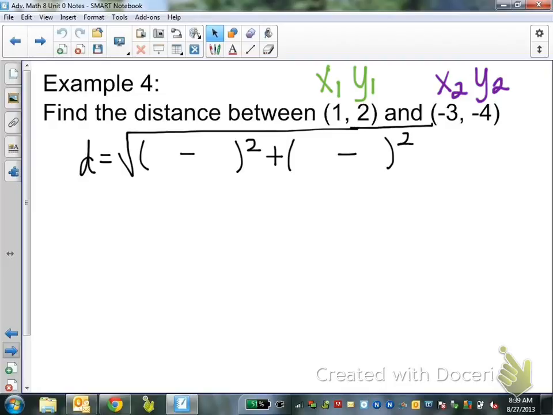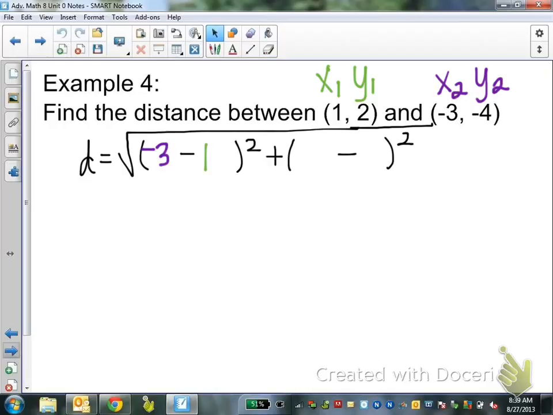Okay, what did you plug in here? It should be x2. So what'd you plug in there? Negative 3. Which means we have to plug the other x into this blank spot. So what goes here? 1. So negative 3 minus 1.